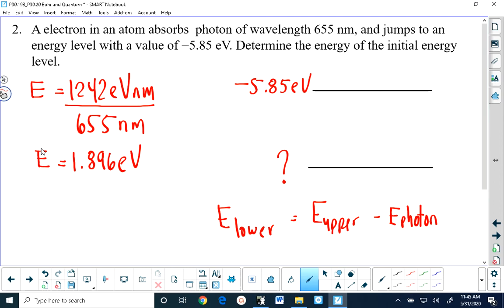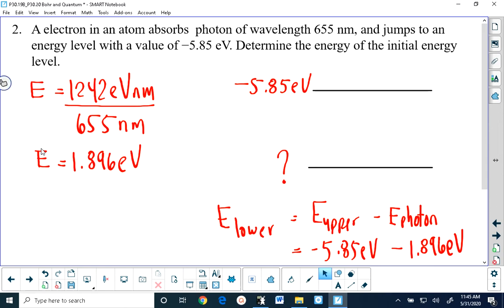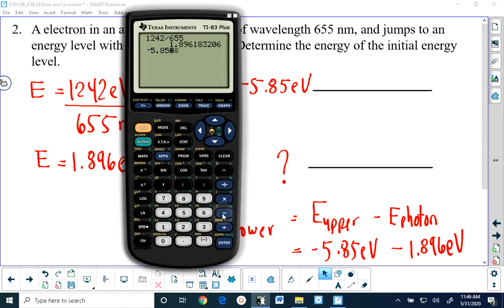So all we have to do here then is take negative 5.85 electron volts and subtract the energy of the photon, which is 1.896 electron volts, and we will have the energy of the lower energy state. And that's giving me negative 7.74 eV. So E lower is negative 7.75, we will say.